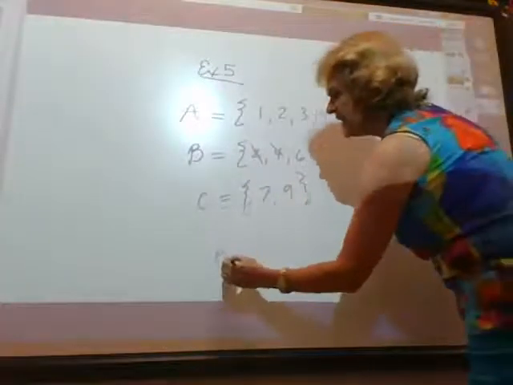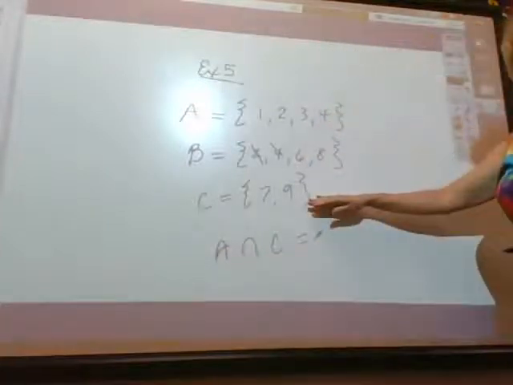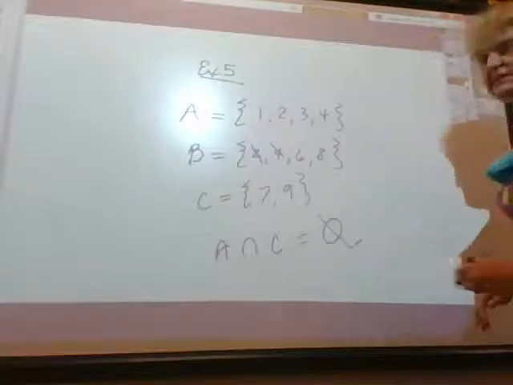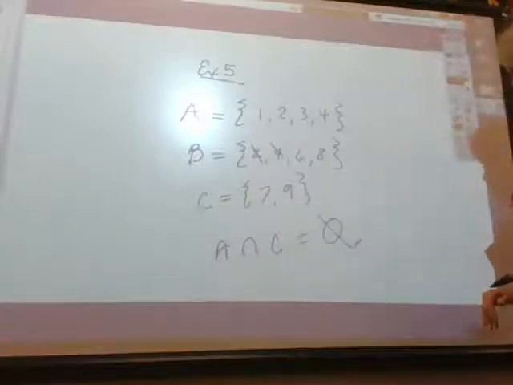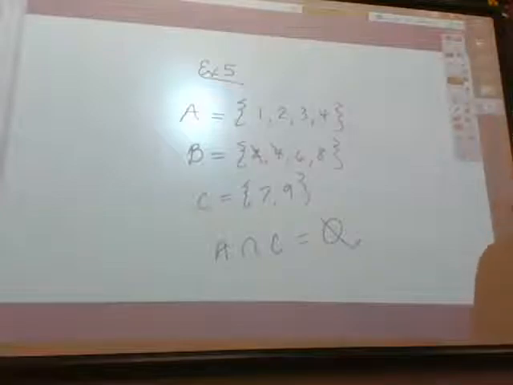So if I said A intersect C, do A and C have anything in common? No. So I would put the empty set symbol, 0 with the line through it. You can write the words, but you should be familiar with the symbols. And there are some symbols there on page 602 you might want to keep in your notes.